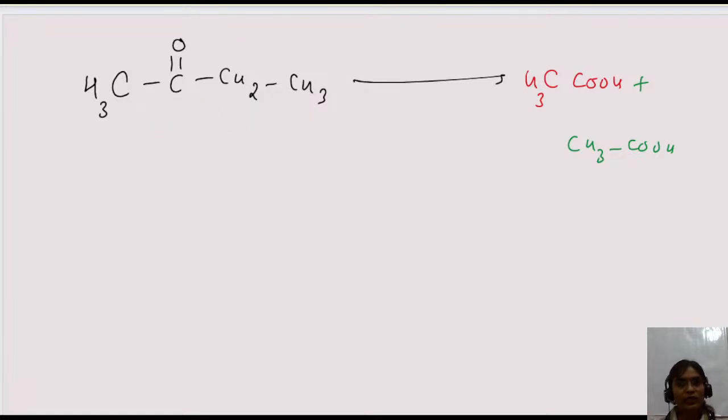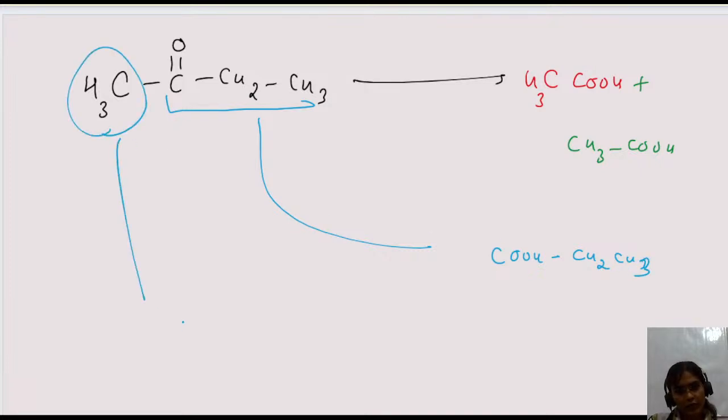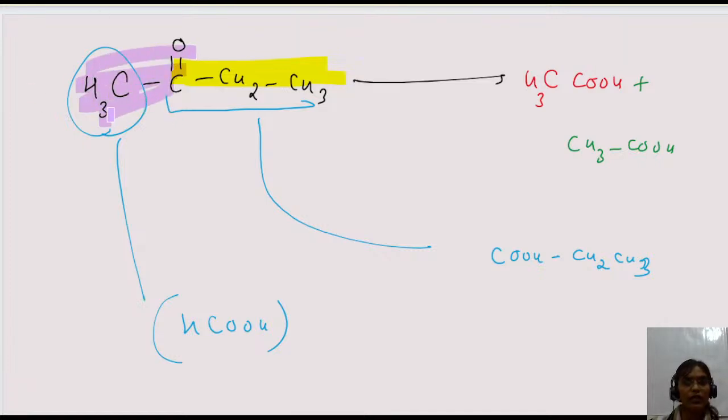Or the second point, that this CO combined here means we are getting COOH, CH2 or CH3, and we are left with only one carbon, so it's going to convert into formic acid like this. So the point is: should we connect the CO with this part, or with that part? For an unsymmetrical CO group, how to break the bond. This is the important point.